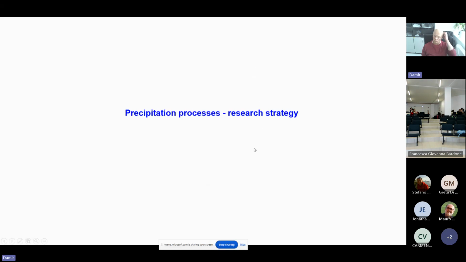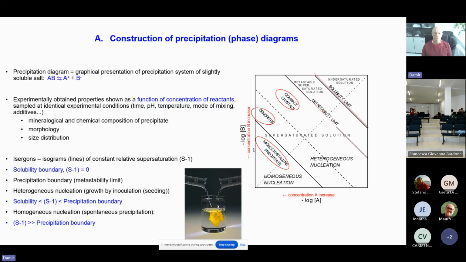I will also now give you some practical ideas about a possible research strategy for a precipitation process. The first step when you meet a new precipitation system is to make some screening experiments.